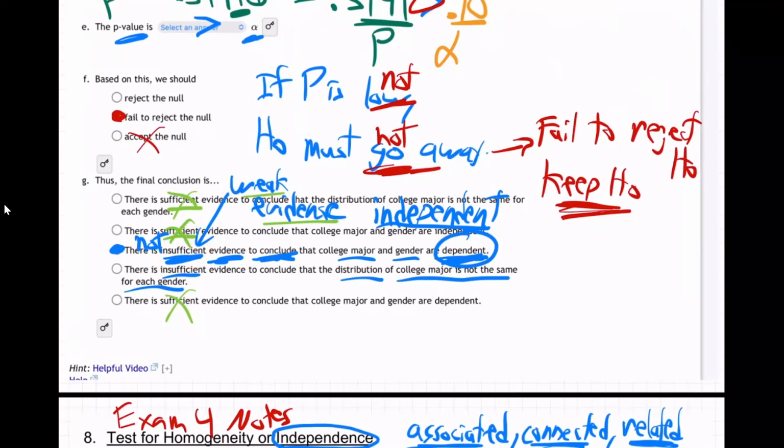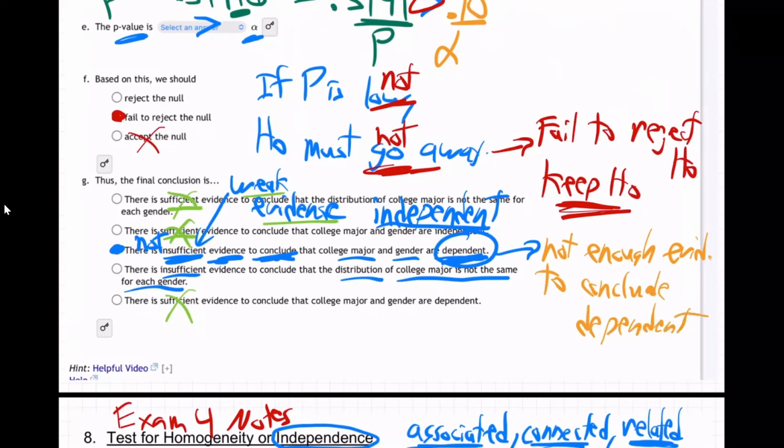So this is really saying, to put it in other words, that there was not enough evidence to conclude that they were dependent. That's true. There was not enough evidence to conclude dependent. That's why we ended up going with independent.